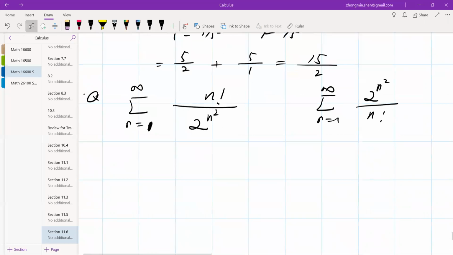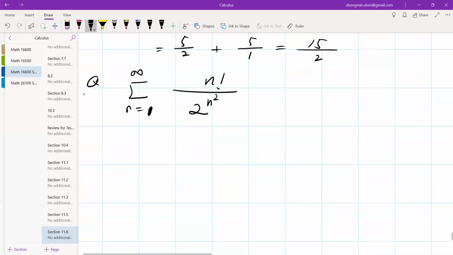Let's look at the first one first, okay? n factorial over 2 to the n squared. I cannot use the comparison test or integral test, forget it. I cannot see whether the limit of the nth term is going to be 0 or not. If it's obvious the limit is not 0, then it's divergent.